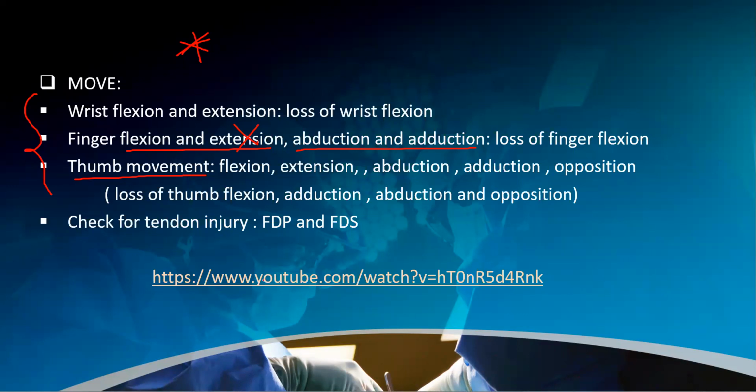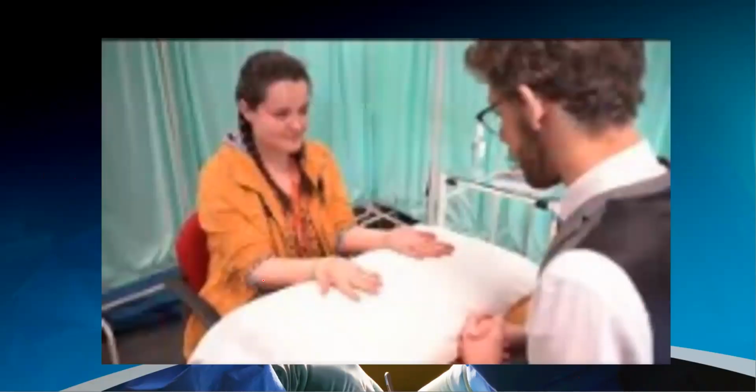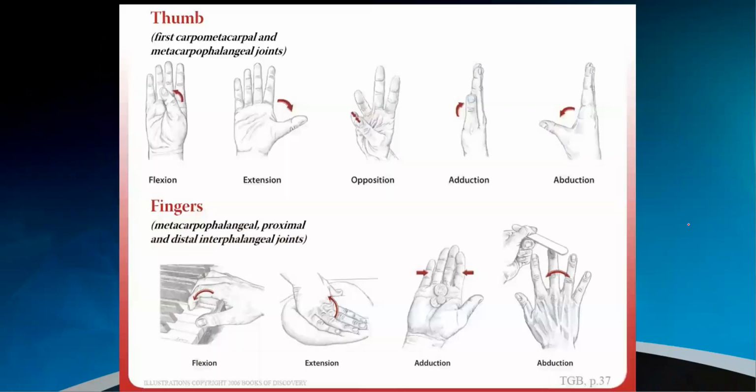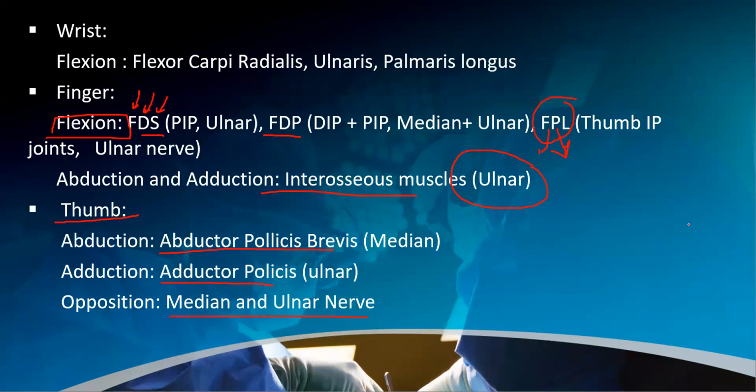So let's explain all this in one go. You will say, so we finished with the capillary refilling time. Then we are starting to explain the movement. So John, now we are going to start the movement of the hand.